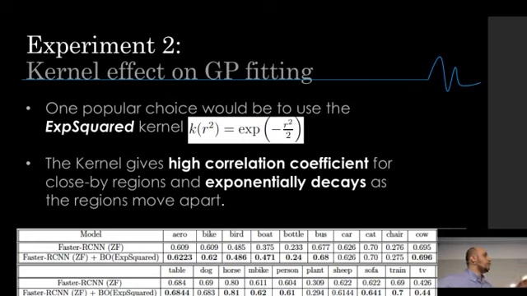Basically it gives you a higher correlation coefficient when the regions are very close by, and once you move apart, the correlation coefficient decays exponentially. Again, the same metric, the same baseline, but a different kernel function, and you can see here that we beat it by almost 1%. For example, the boat category is almost 10% higher, so it's quite an improvement.